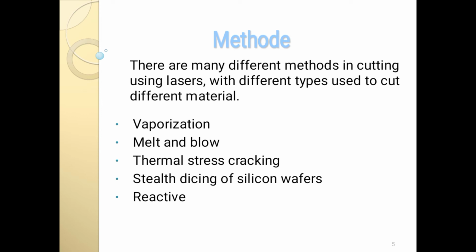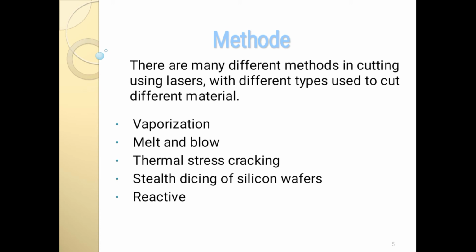Fourth method, stealth dicing of silicon wafer. The separation of microelectronic chips in semiconductor device fabrication from silicon wafer may be performed by the so-called stealth dicing process, which operates with a pulsed laser.